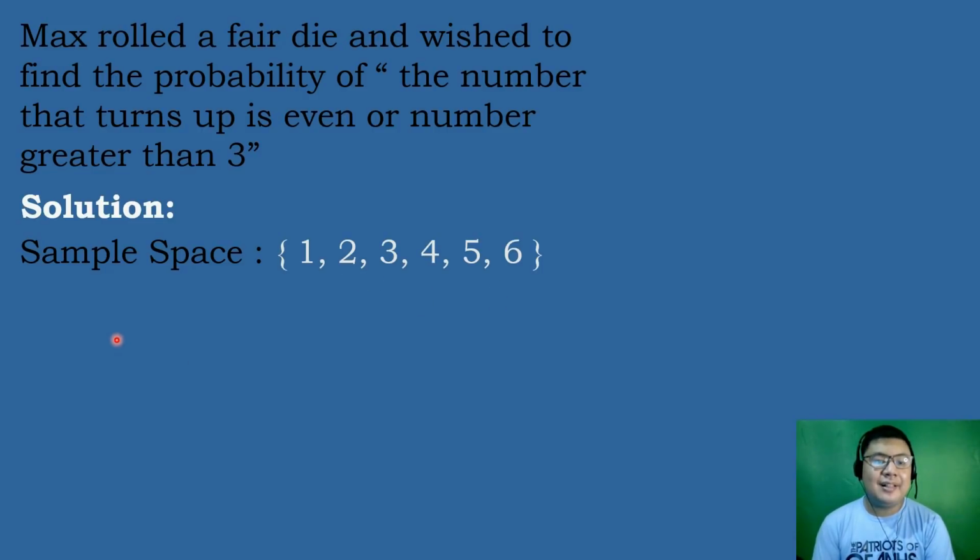And we will get the event outcomes for event A, the number that turns up is even, which are the numbers 2, 4, and 6. And the event outcomes of event B, the number which is greater than 3, are the numbers 4, 5, and 6.